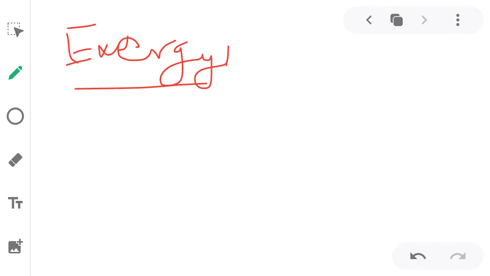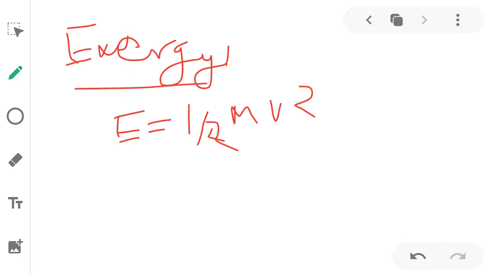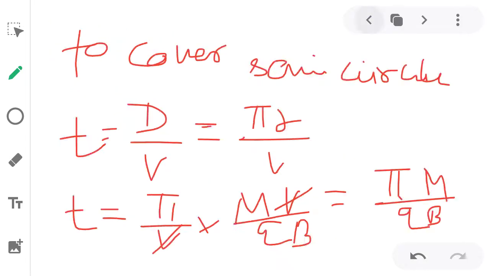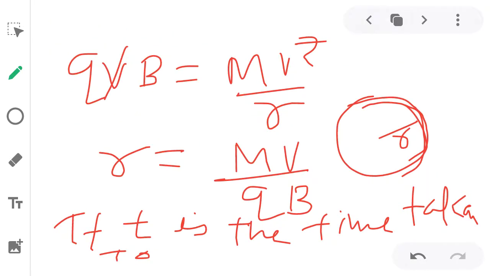Now, how much energy is gained by the positively charged particle? If you remember, the kinetic energy formula is E is equal to half mv square. We substitute the value of v from the earlier equation, so this becomes half m, and v can be measured as qBr upon m.